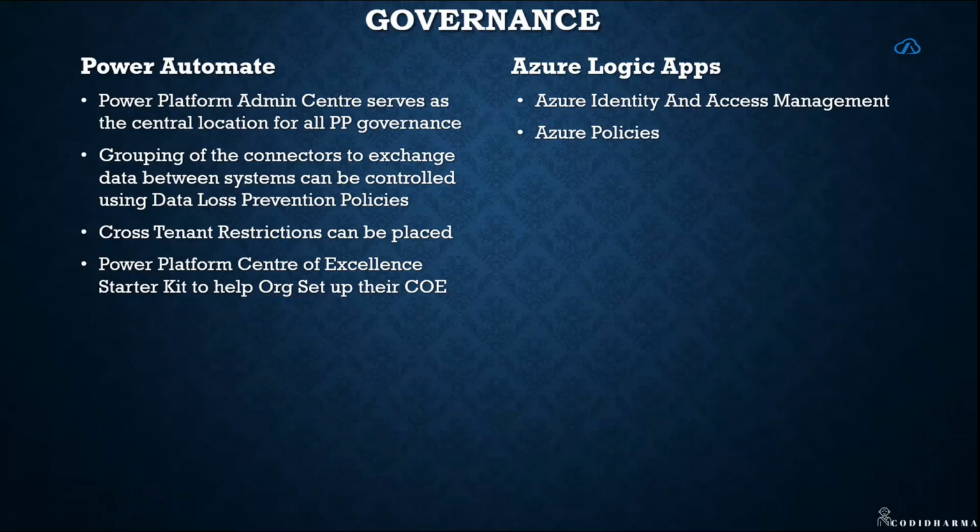Now, in case of Azure Logic Apps, the governance is rather simple. So you use Azure IAM, that is Identity and Access Management, and you implement different role-based access control to different logic apps.